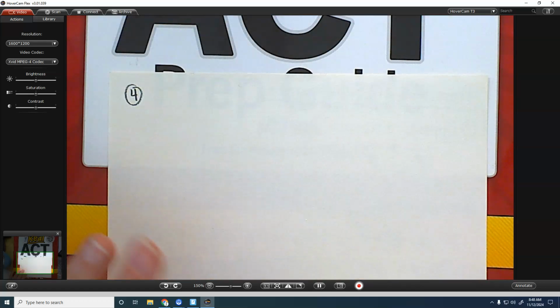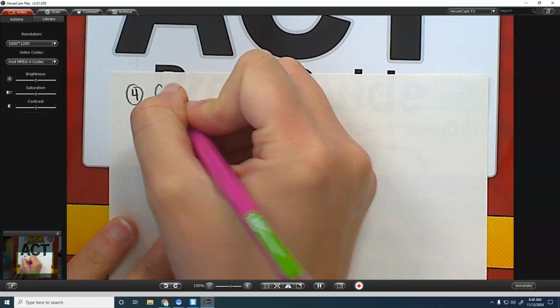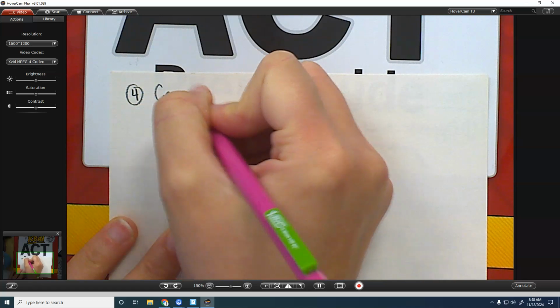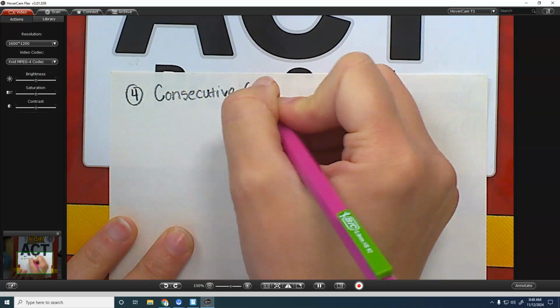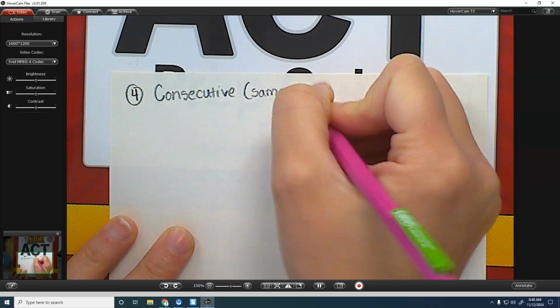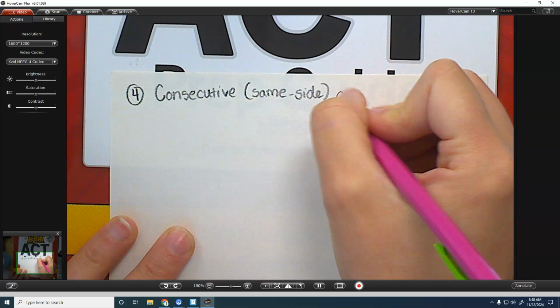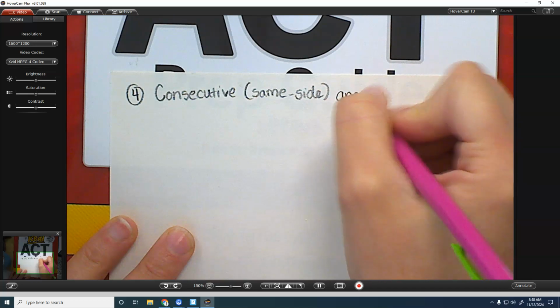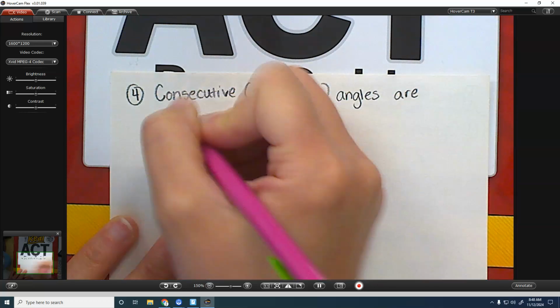So I'm going to add a little bit to this one. So consecutive, and I'm going to put in parentheses same side, angles are supplementary.